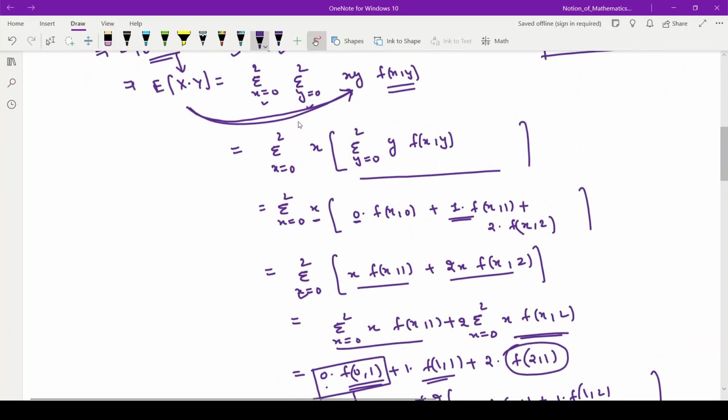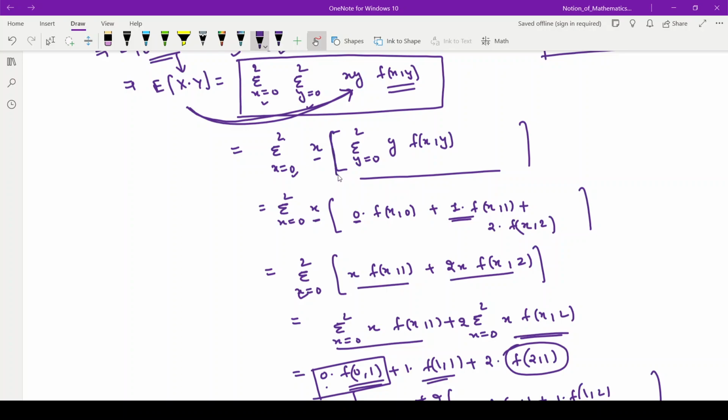Now there might exist different ways to solve these summations, but I have taken it like this. Summation x is 0 to 2 of x, and then inside the bracket I can write summation y is 0 to 2 of y f(x,y), because I have to apply this summation y over the terms of y.